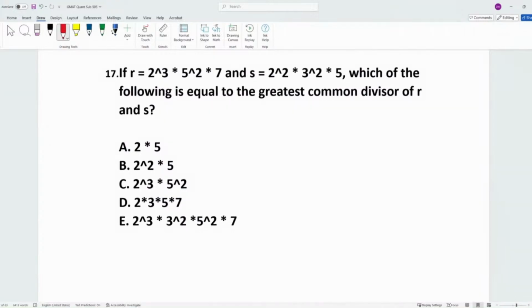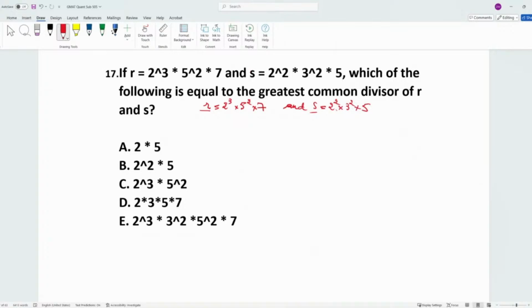So here it says R is equal to 2 to the power 3 times 5 to the power 2 times 7, and S is equal to 2 to the power 2 times 3 to the power 2 times 5. Which of the following is equal to the greatest common divisor of R and S? Okay, greatest common divisor.